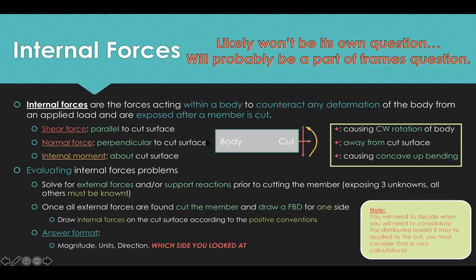So similarly, if I have a force pulling outwards on each side, this member is going to try to be pulled apart, which means something going on inside this member is going to try to keep it from being pulled apart, right? Same thing with the moment, it's going to cause it to try to bend. Does that make sense kind of conceptually?